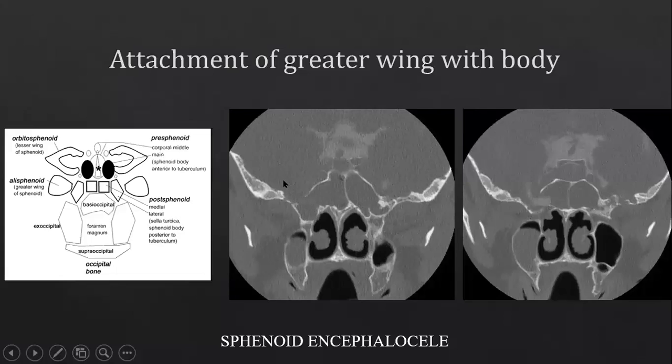And this is a deficiency over here, which has resulted in herniation of the meninges. And you can see that the contrast which has been injected via lumbar puncture into the CSF system is now herniating into the sphenoid sinus, explaining why this person has recurrent infection.